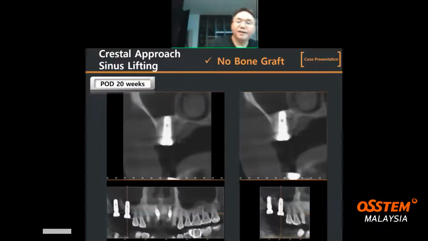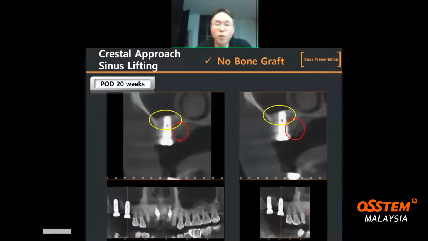And 5 months later, the smart builder was removed. And here you can see successful bone regeneration inside the sinus cavity without any bone grafting material. Here, I just elevated the sinus floor along with the sinus membrane with osteotome, and then the hydrophilic surface implant was placed.